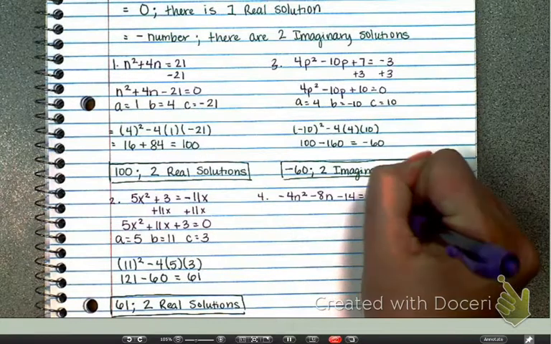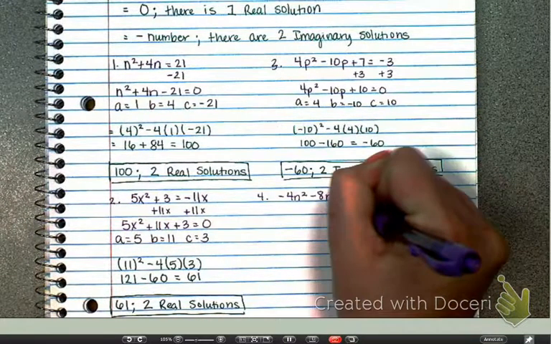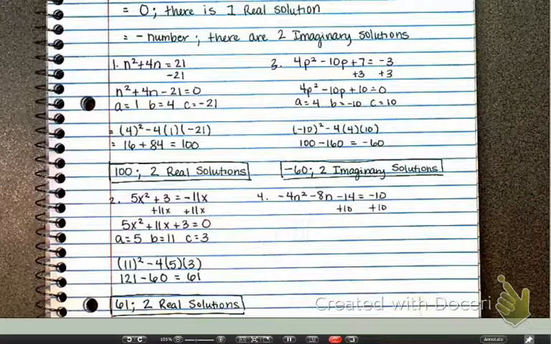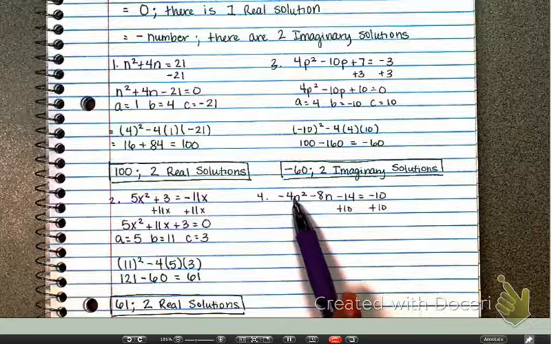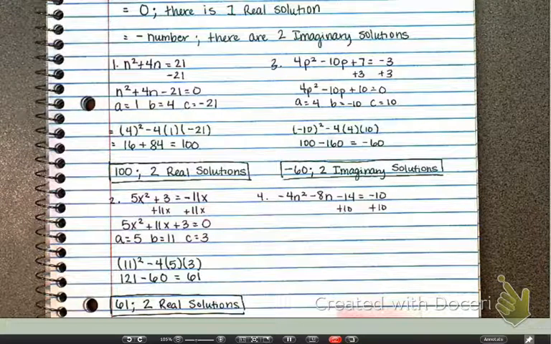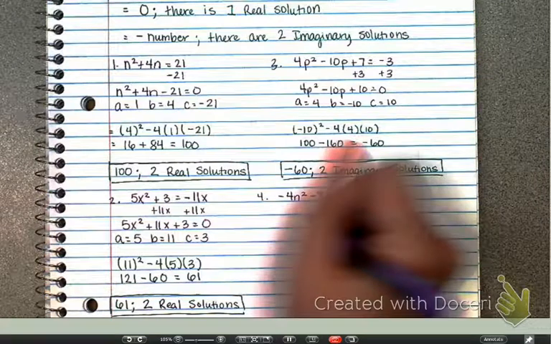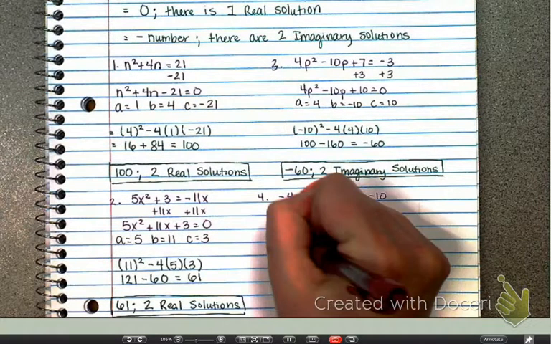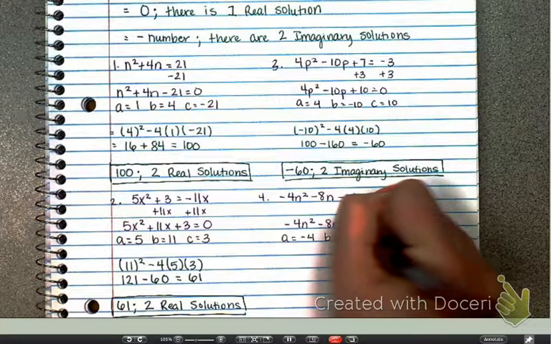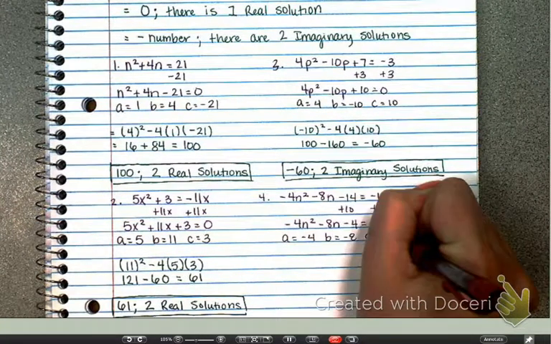But again, if you're using the entire formula, so the whole quadratic formula and factoring, my recommendation to you is that you make this term positive. Okay? But with that, we have negative 4n squared minus 8n minus 4 equals 0. So A equals negative 4, B equals negative 8, C equals negative 4. Right?